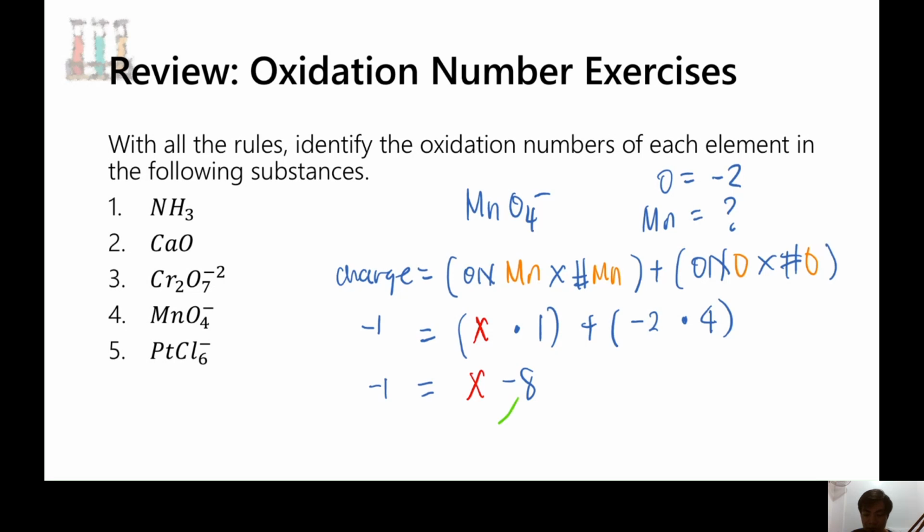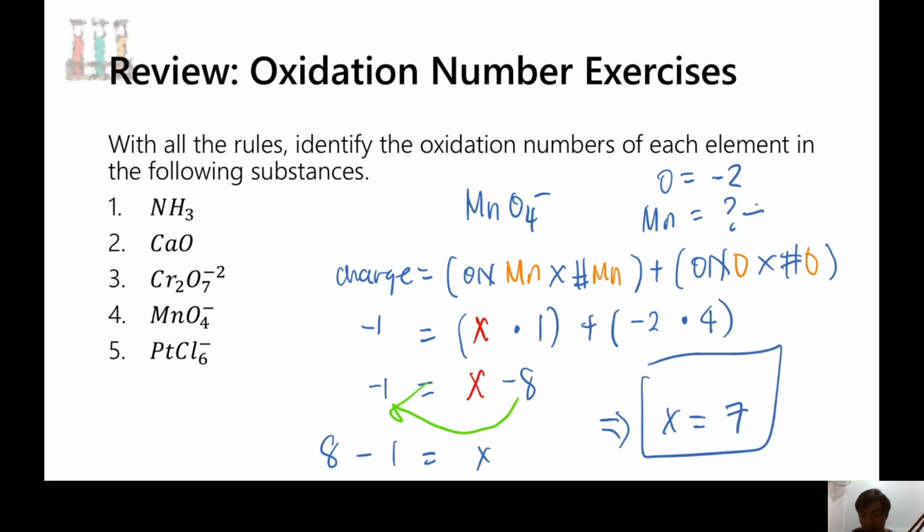I will transpose it here, so it will become positive. Ay, that's 8 minus 1. Nilagay ko na yung sagot eh. 8 minus 1 equals x, or x is 7. So the oxidation number of manganese is +7. Okay, so ganun lang yung pag-solve.